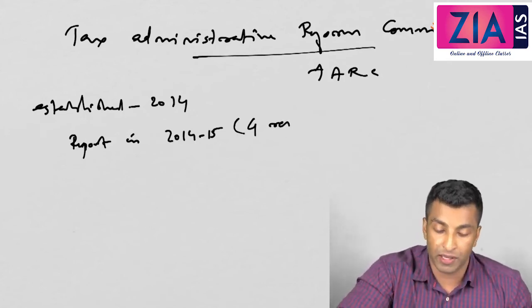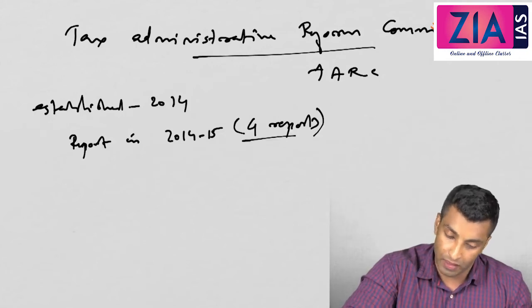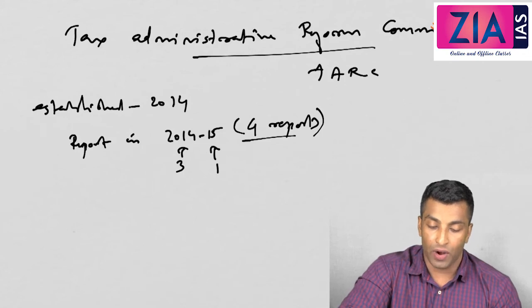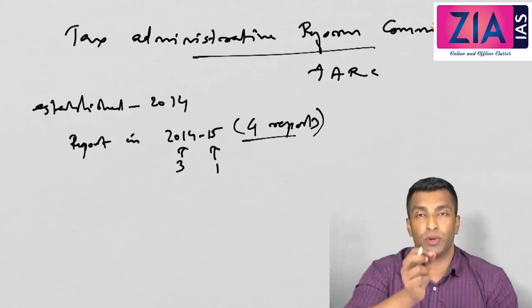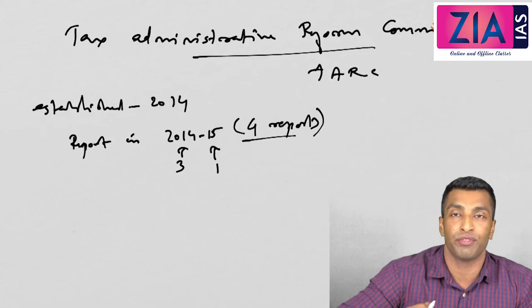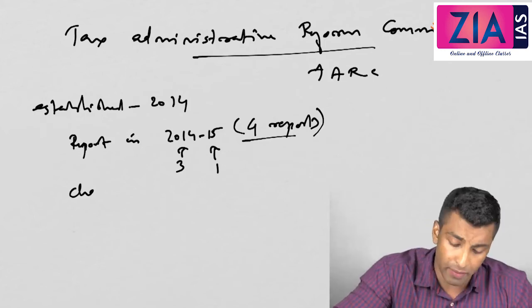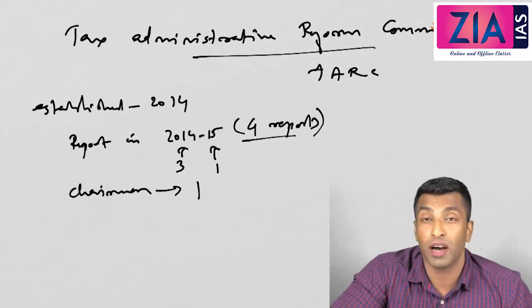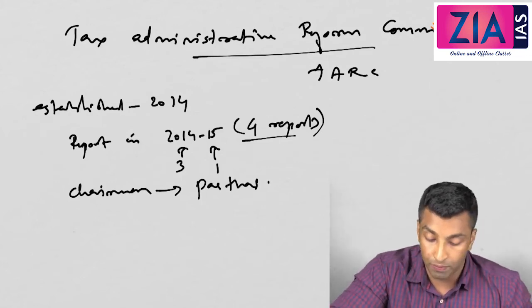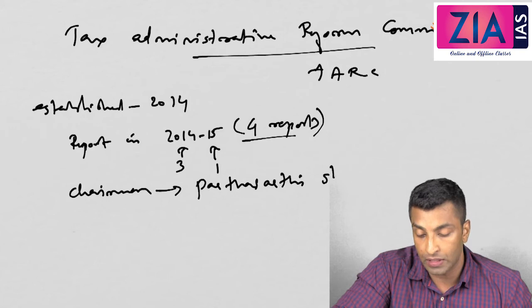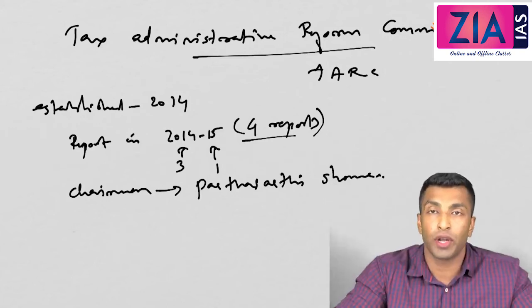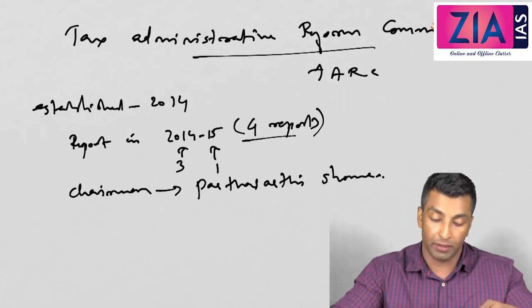Why 2014-15? Because there were 4 reports. Out of these, 3 came in 2014 and 1 came in 2015. That's why I have written 2014-15. Now who was the chairman? We have already discussed this person before when we discussed GAAR, Parthasarathi Shome. Now let's look into the recommendations of this committee.